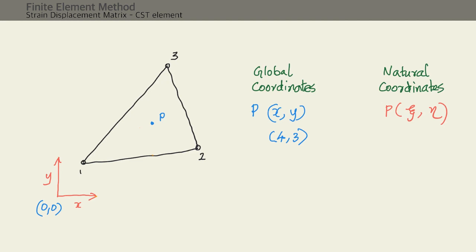The value of psi is 0 at node 2 and node 3, or anywhere along the line joining 2 and 3. Parallel to line 2, 3, the value of psi increases from 0.